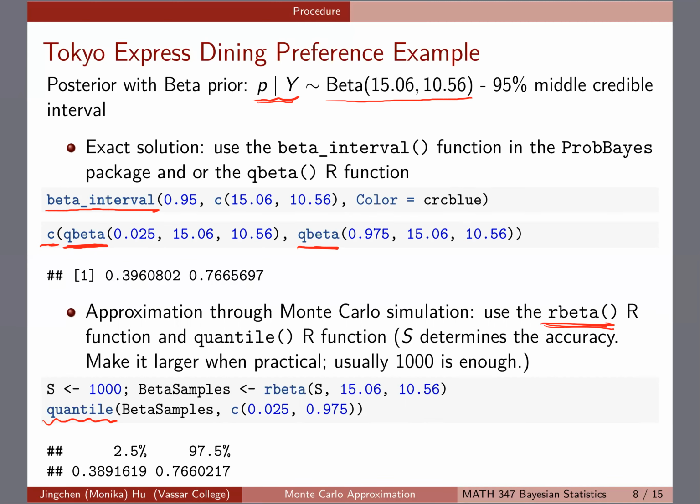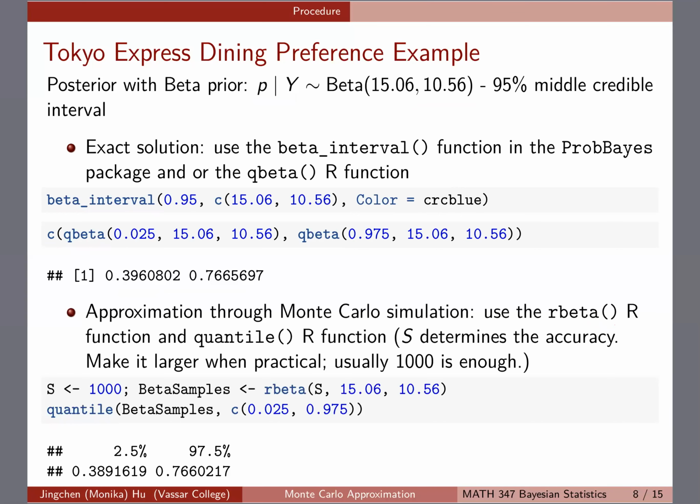So you see that overall, with 1,000 draws, the approximation is pretty good. And if you go even further, with a larger value of S, I think it will give even better results. But with this kind of approximation accuracy, I think it's pretty good already. So 1,000 right now is definitely sufficient.